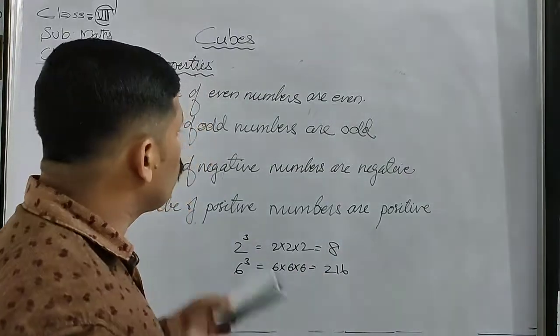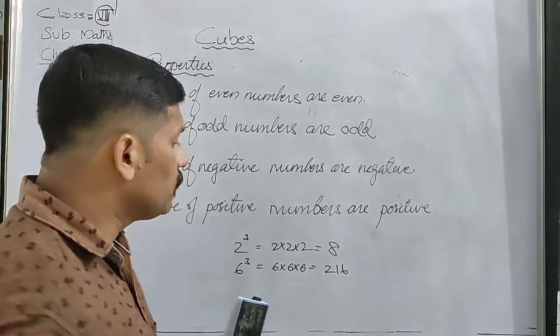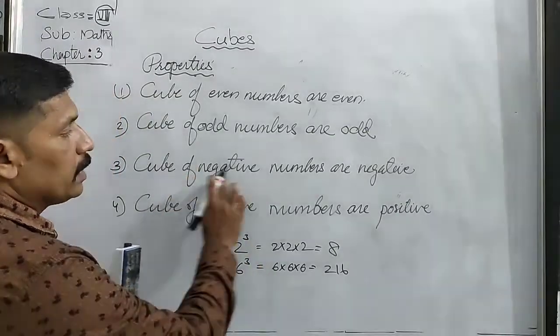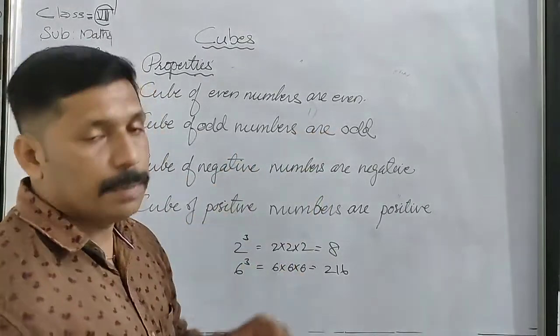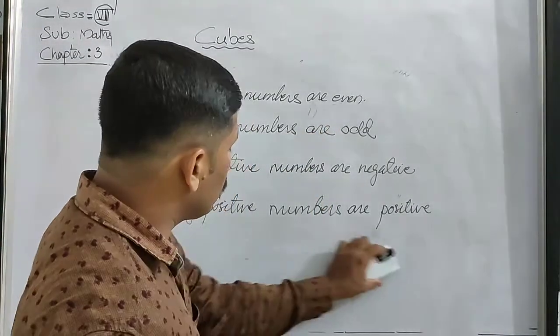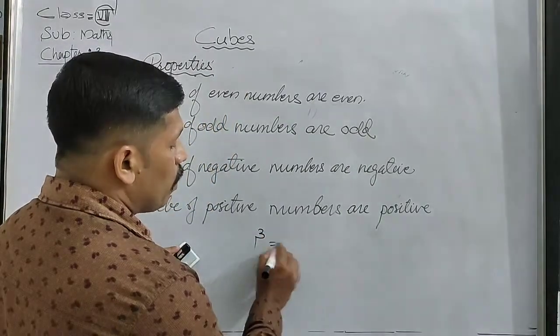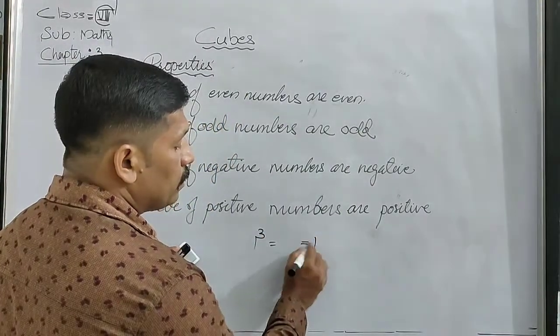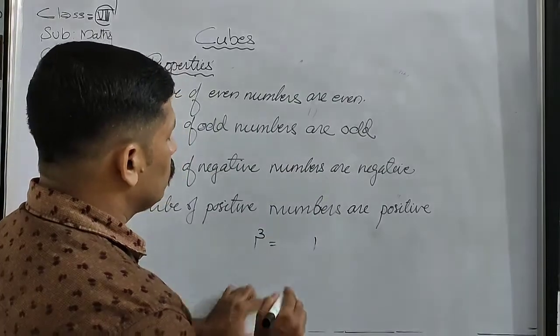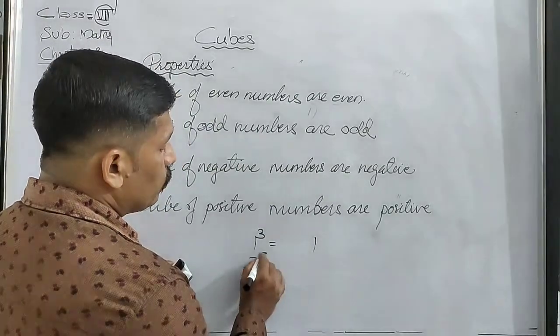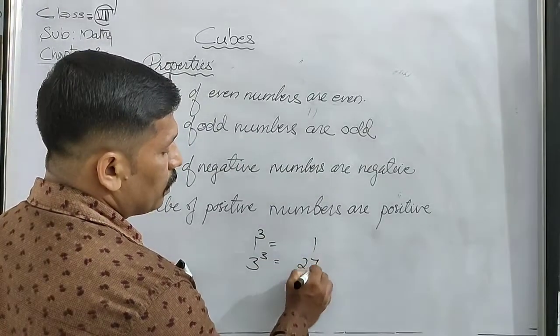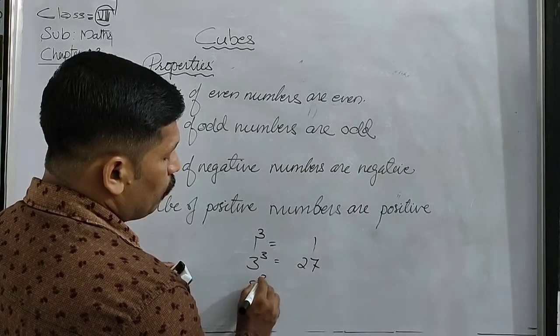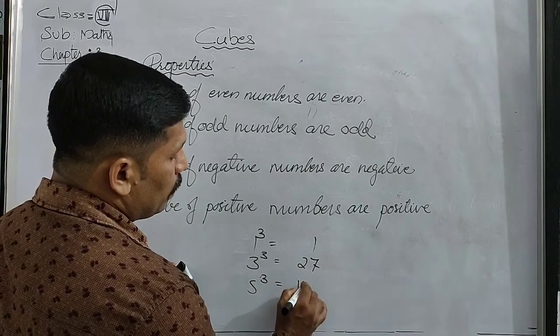And what about cube of odd numbers? Cube of odd numbers are always odd. If you take any odd number, you can see that 1 cube, 1 into 1 into 1 is equal to 1 only. And 3 cube, 3 into 3 into 3 is equal to 27. And 5 cube, 5 into 5 into 5 is equal to 125.